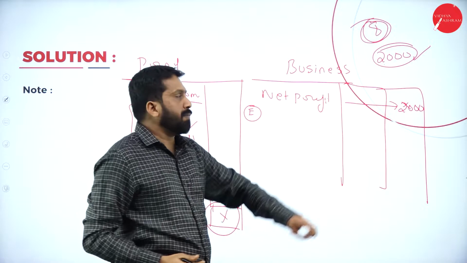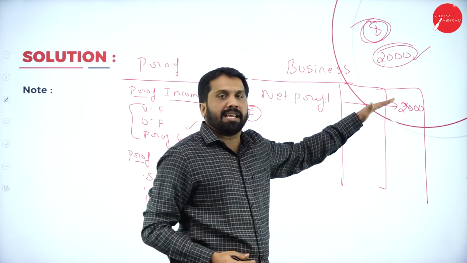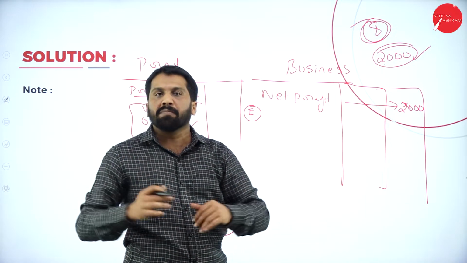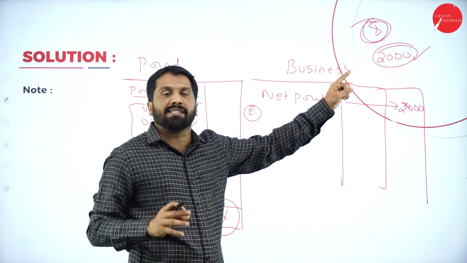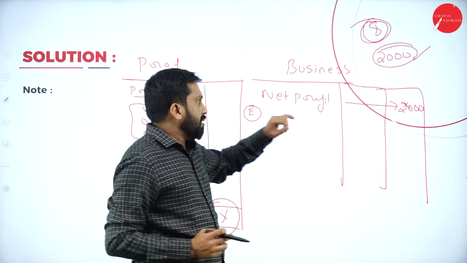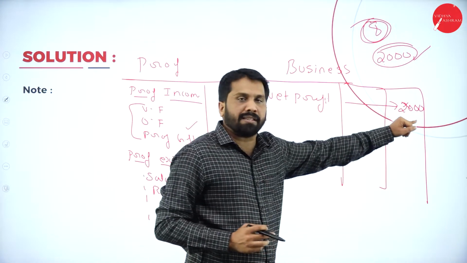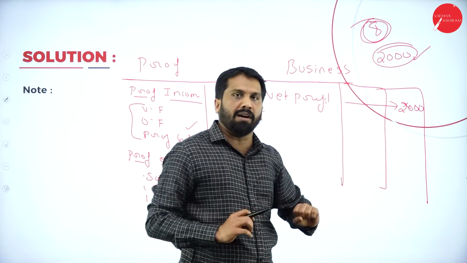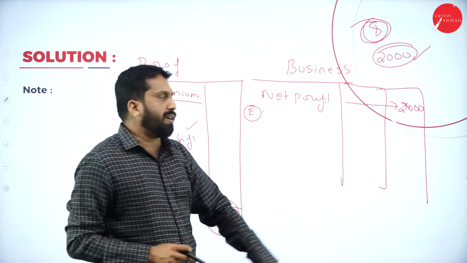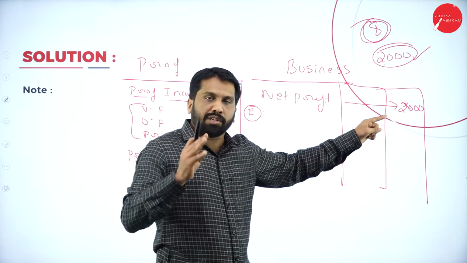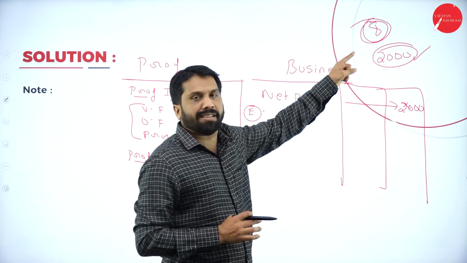Listen to me carefully. College has given me 10,000. I have spent 8,000. The balance of profit is 2,000. This 2,000 you call the net profit. Now the college will question me: why out of 10,000 only 2,000 is left? Give me the details of this 8,000.